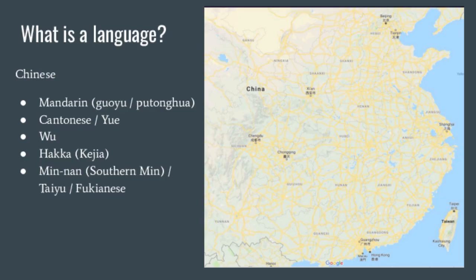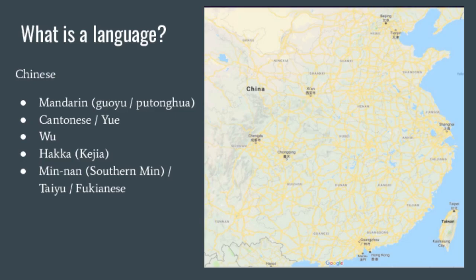Then you've got the Hakka people group, which is kind of spread in various places. Then toward the southeast, in the province of Fujian, and in Taiwan, you've got a language that's variously called Fujian, or Minnan, or Southern Min, or Taiyu. And it's not mutually intelligible with Mandarin.